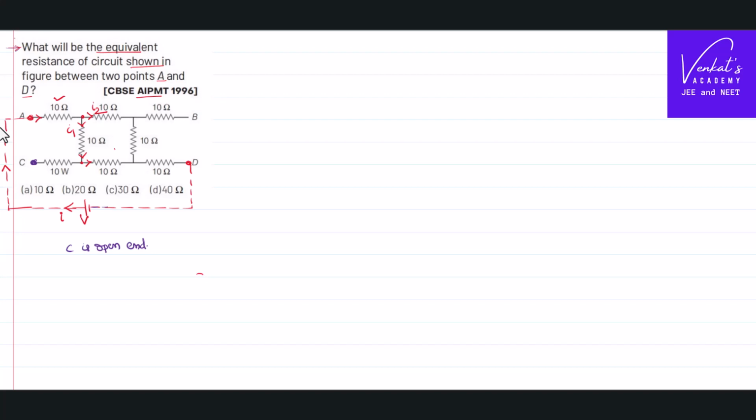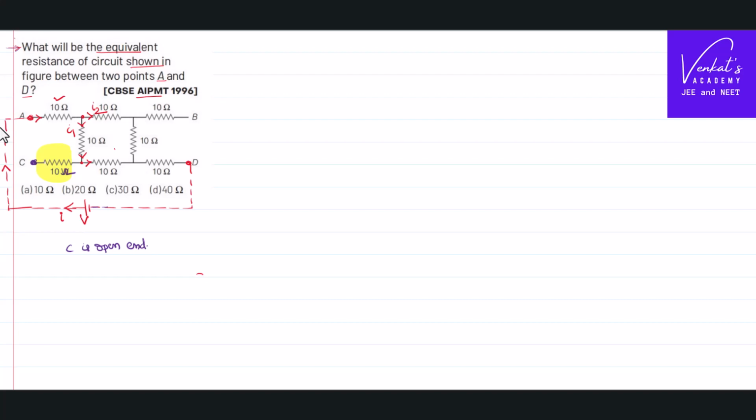That means it is a dead end, an incomplete circuit, therefore it will not go to that 10 ohms. Though that 10 ohms is physically there, no current passes through it. So, this is a dead element of the circuit.